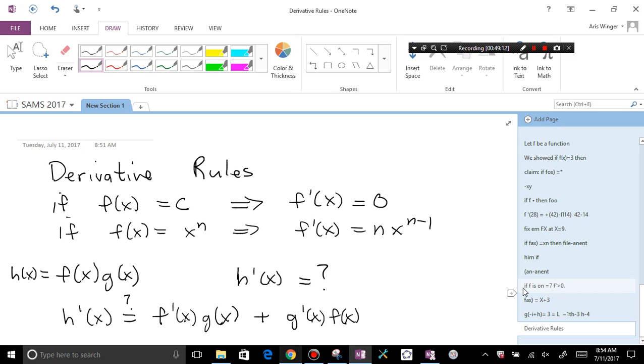I bring this up only because some people want to write that h prime is f prime g prime, and oh my goodness, no way in the world that could be true, from the example that we just talked about.